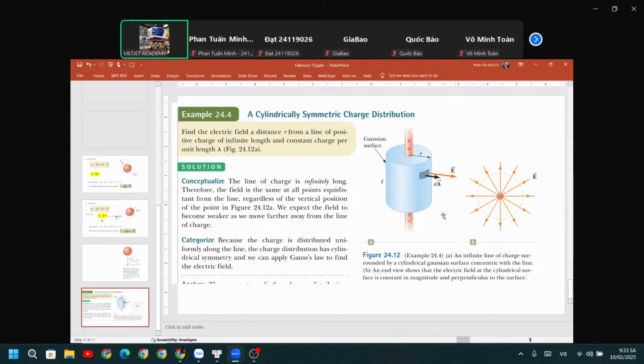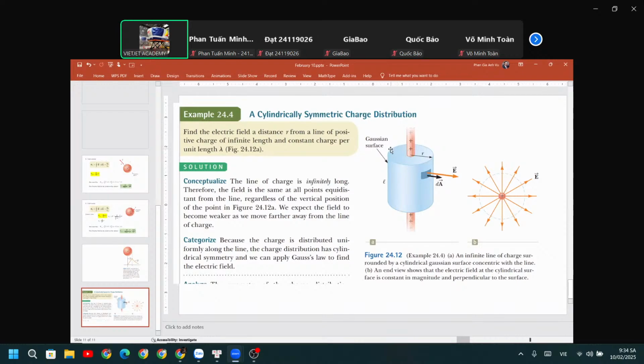Okay. Now imagine that we have to draw a closed surface so that we can apply Gauss's law. The Gauss surface now is this one. This is the cylinder with two caps, top and bottom, right? So you have the cylinder surrounding the line with the radius R in the figure.